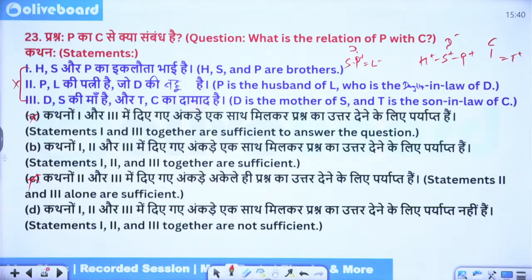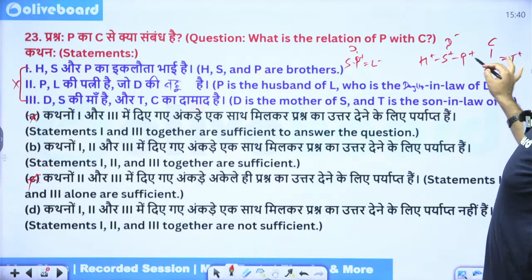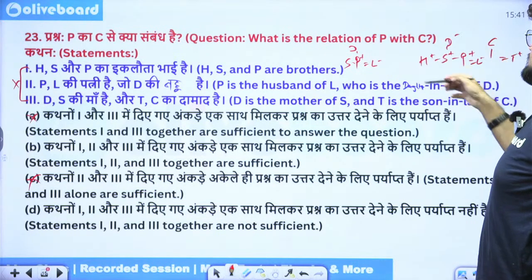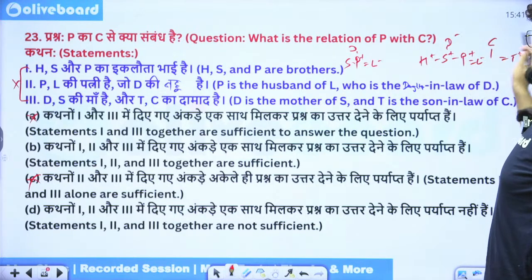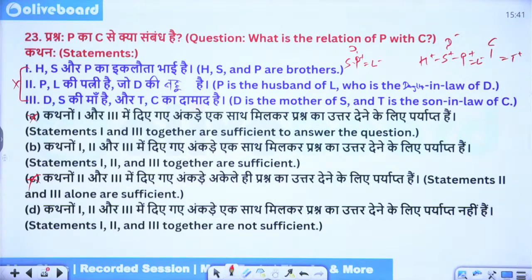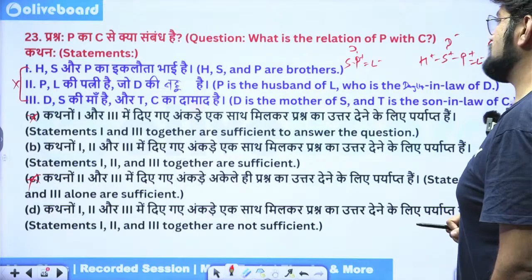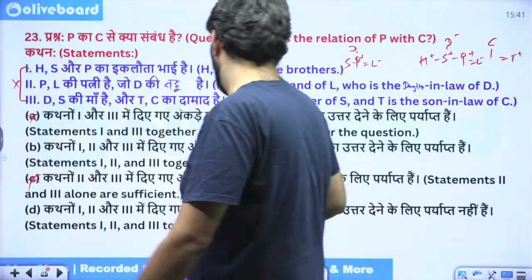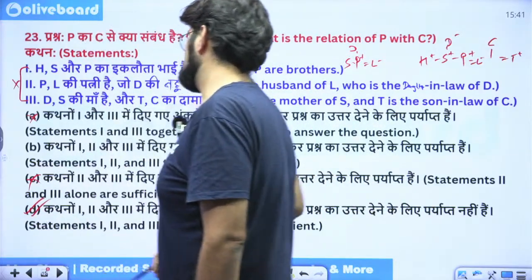If we combine all the three, so P is the husband of L, same problem, still the same issue. Nothing is coming out of it. Okay. T is the husband here. So we don't even know, no? If T is the son-in-law of C, we don't even know whether C is married to D or not. So can I find the relationship of P with C? Not at any cost. So my answer will be, they are all together not sufficient.